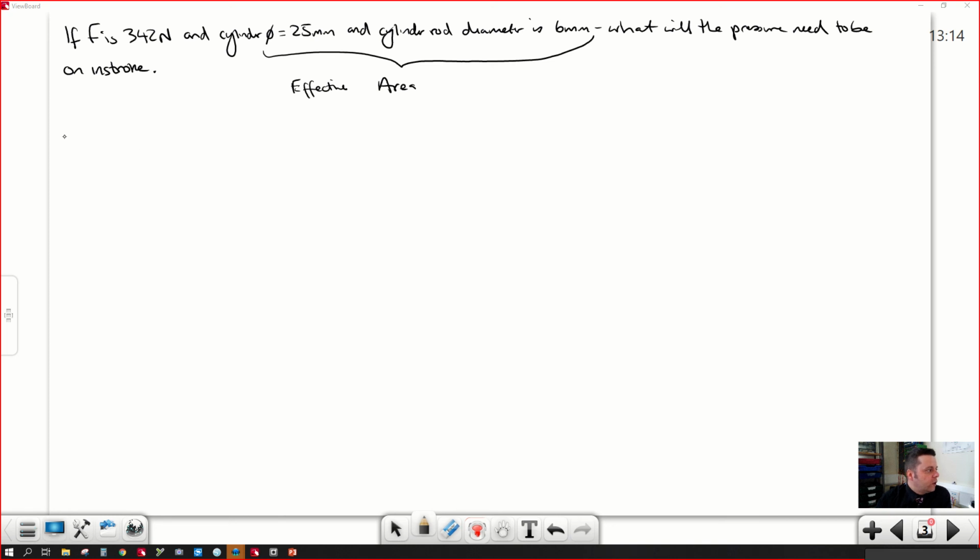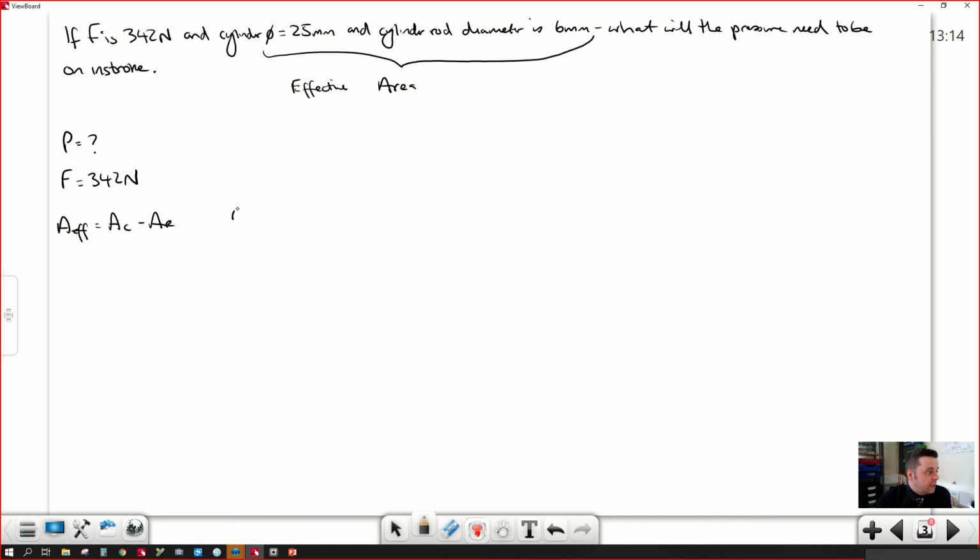Pressure is what we're looking for. We've got a force of 342 newtons, and it says in stroke in the question, so we know it's the effective area that we need. So that's the area of the cylinder minus the area of the cylinder rod.